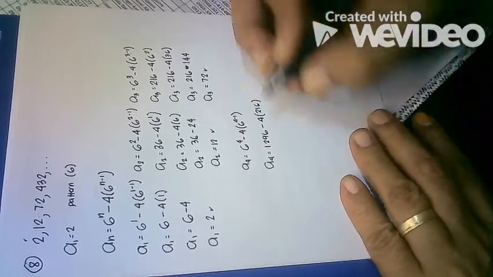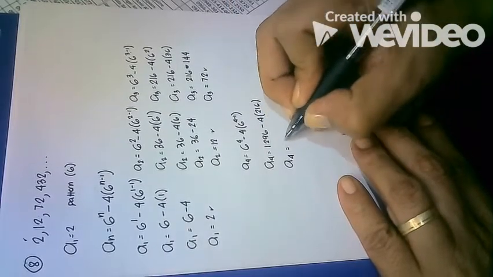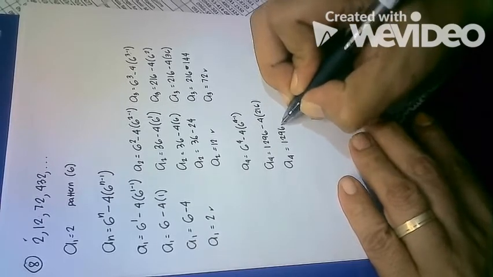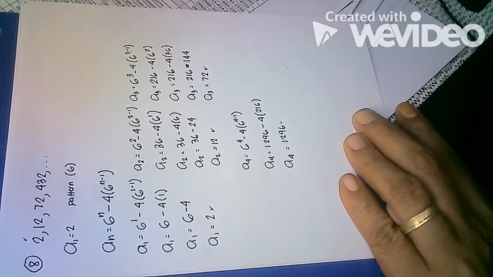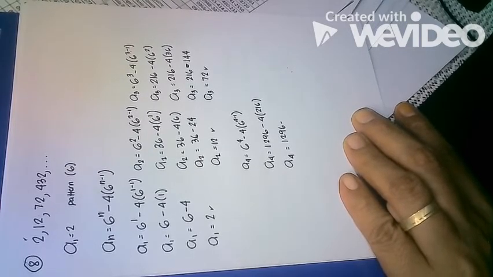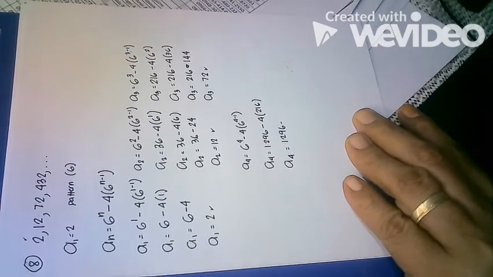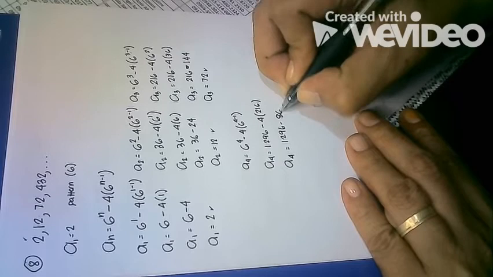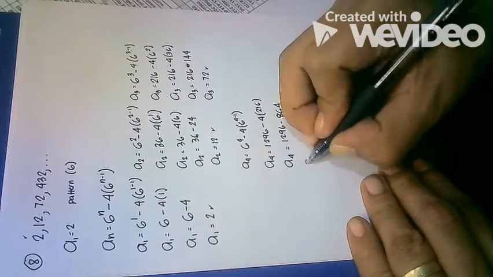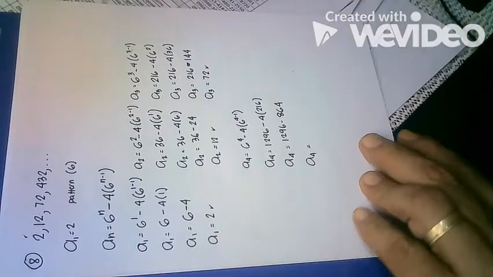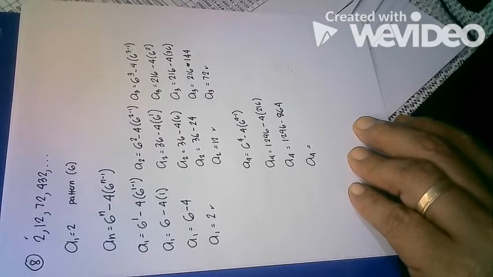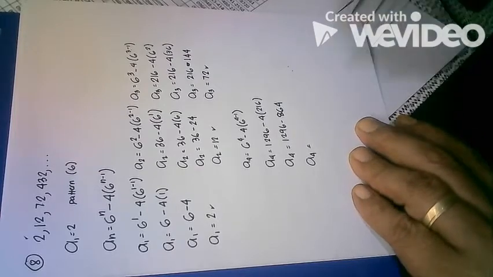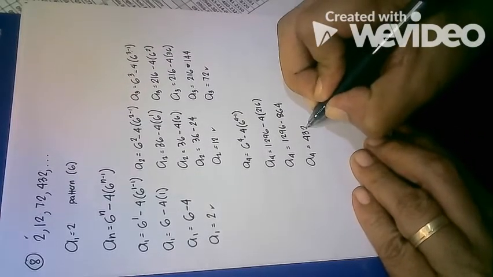So a sub 4 is 1,296 minus 216 times 4, which is 864. So we subtract from 1,296. So 1,296 minus 864 equals 432. So, check.